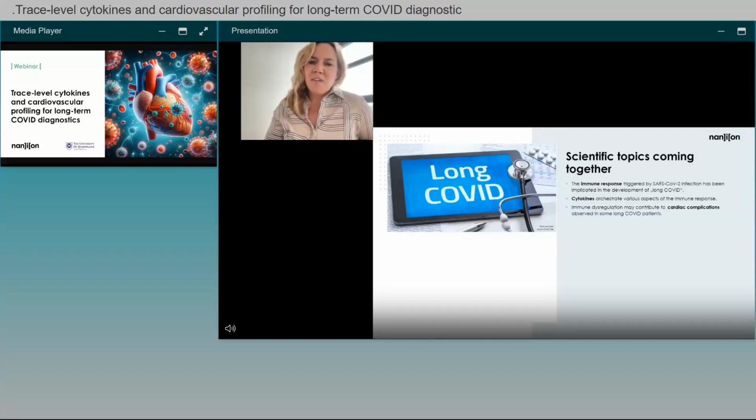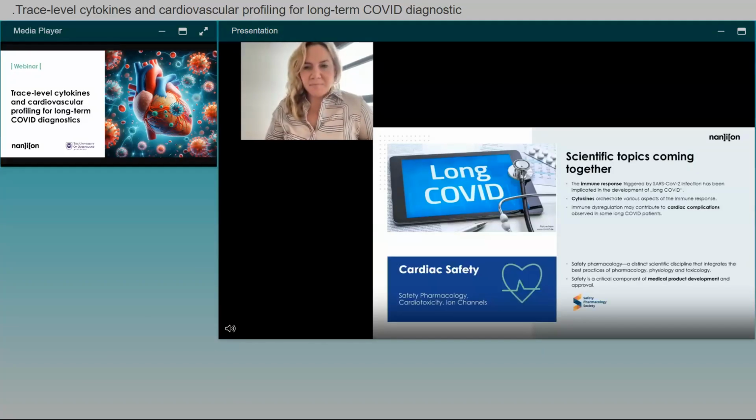So, how can we investigate these cardiac complications? We can make use of tools and models that have already been developed by the cardiac safety communities, for example, the Safety Pharmacology Society. Safety pharmacology is a distinct scientific discipline that integrates the best practices for pharmacology, physiology, and toxicology.